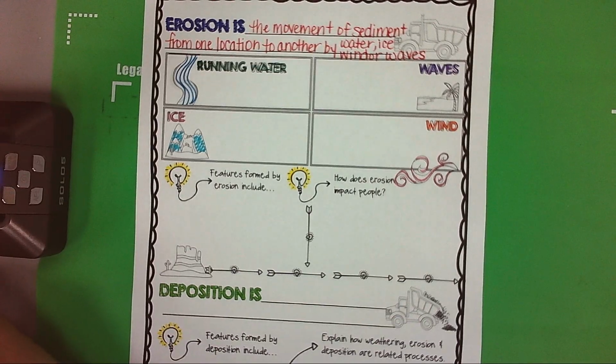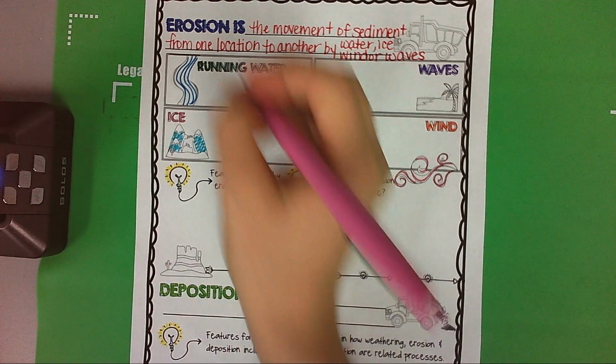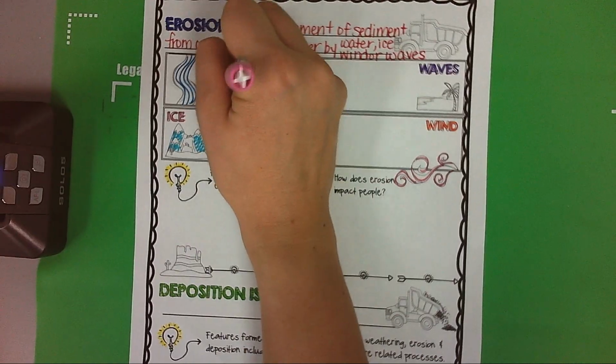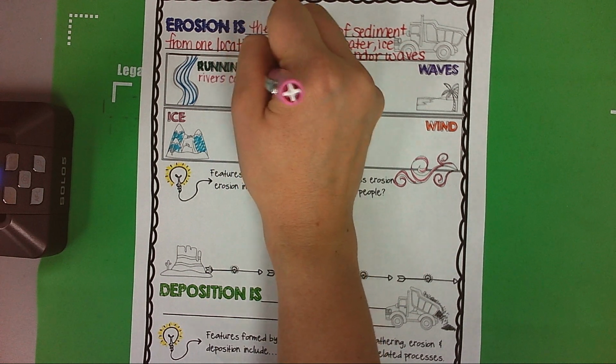Alright, so let's break it down and look at how each of those participates or is a part of the process of erosion. So running water, so we could think of rivers carry sediments.